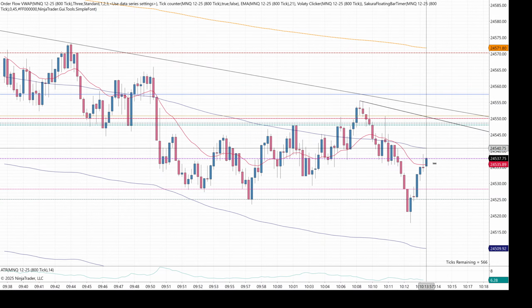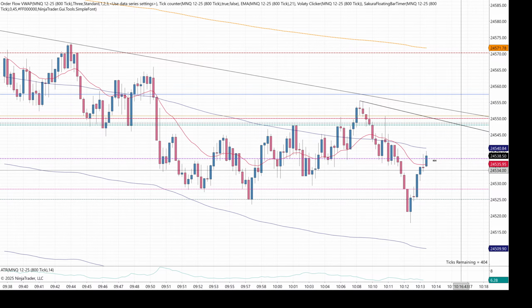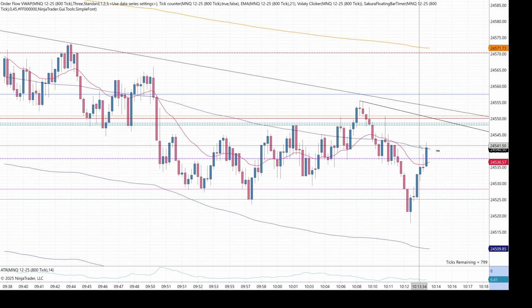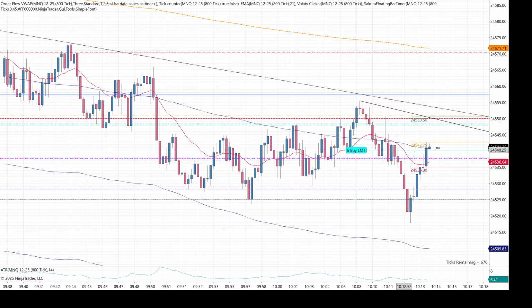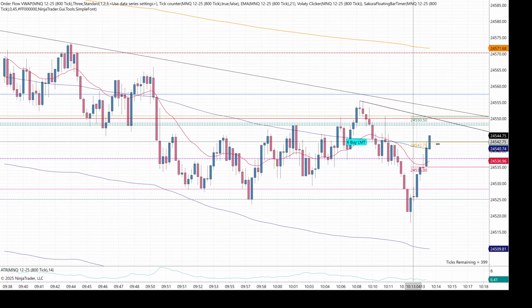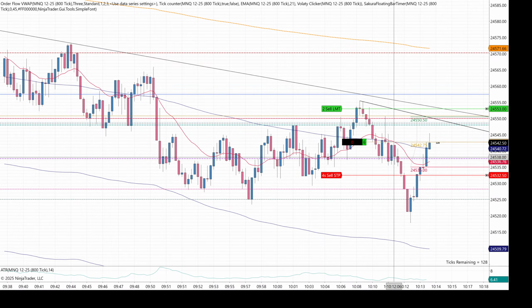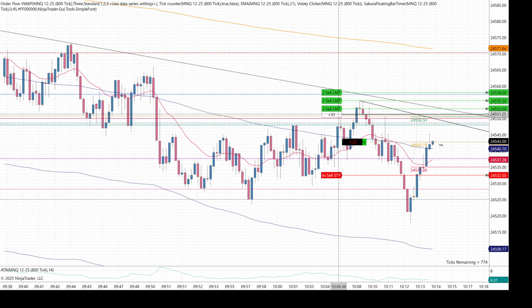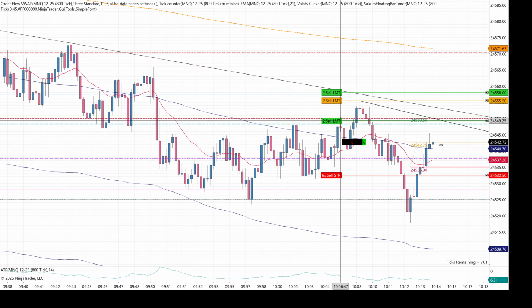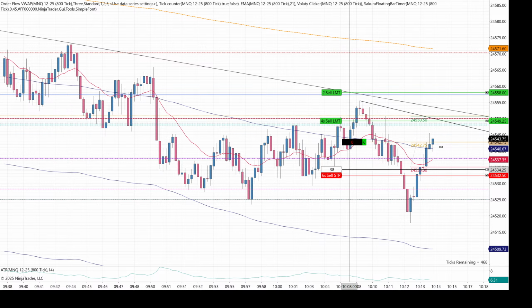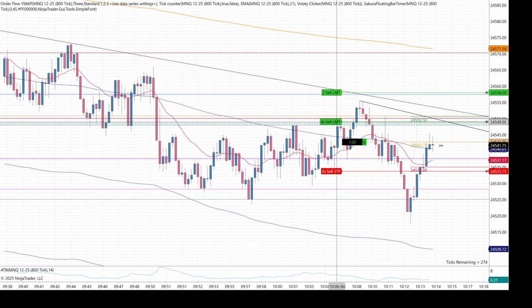If I can get a close above the standard deviation level, I might be able to take this north. That's exactly what I'm looking for. I'm gonna put my target below all the 50 level stuff. 35, 30. This is at 50.